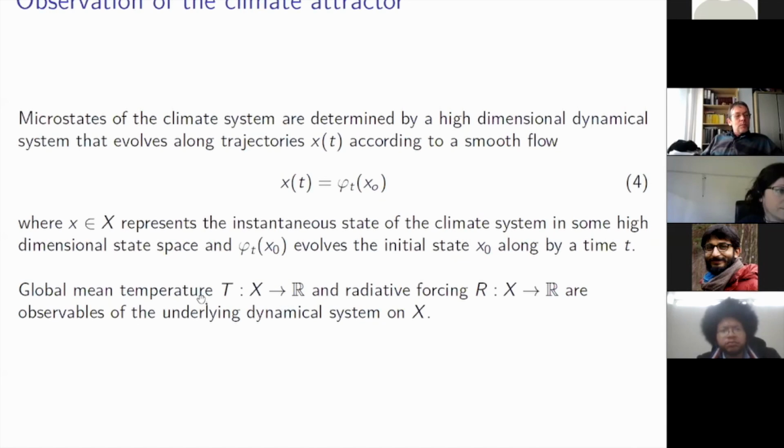And two particular observables we're most interested in are the global mean temperature, which we can think of as an observation taken from the high dimensional system by projecting onto the spatial average at a moment in time, and the radiative forcing, which you can view as also an observation from the system.